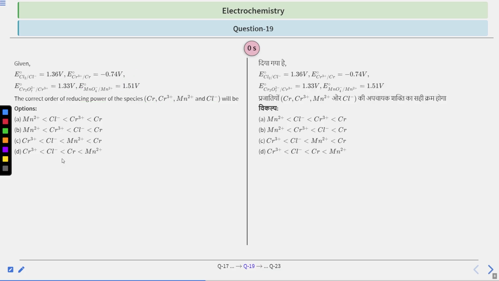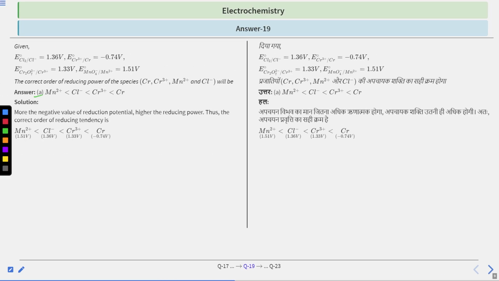Okay, let's see the correct answer. It is option A. So this is the correct order of the reducing power of the species for which the E naught is given. So the concept is that the more negative the value of reduction potential, the higher will be the reducing power of that particular species.